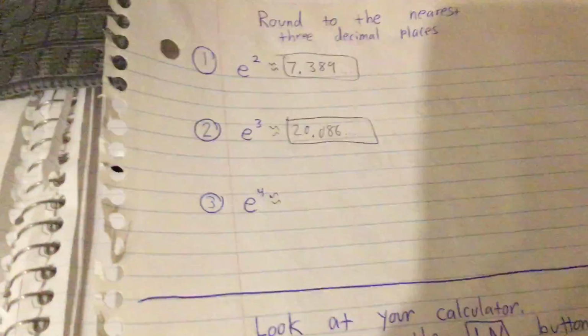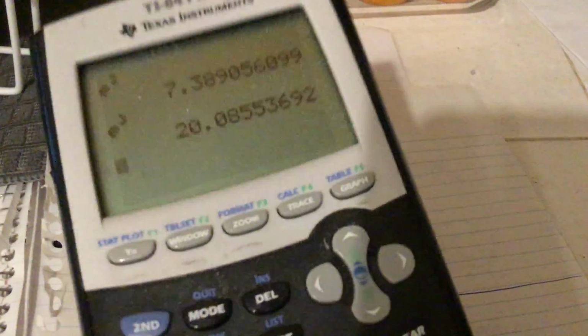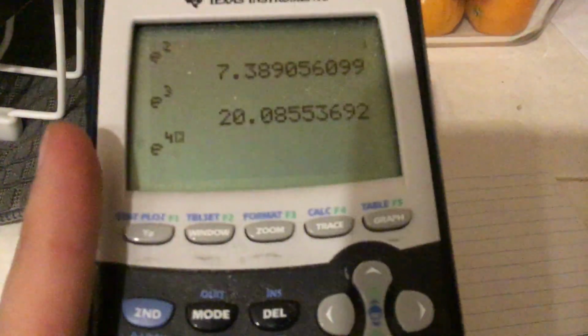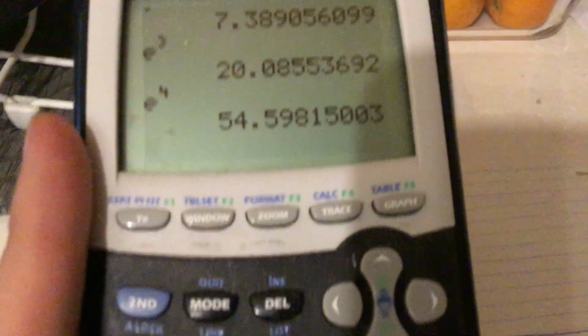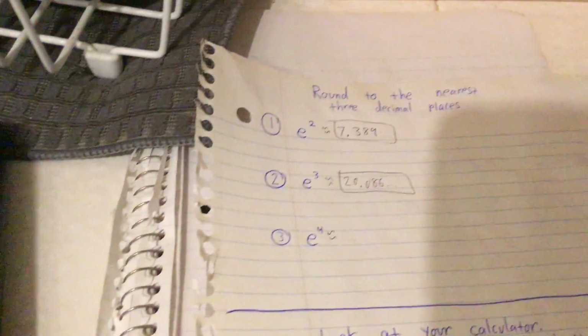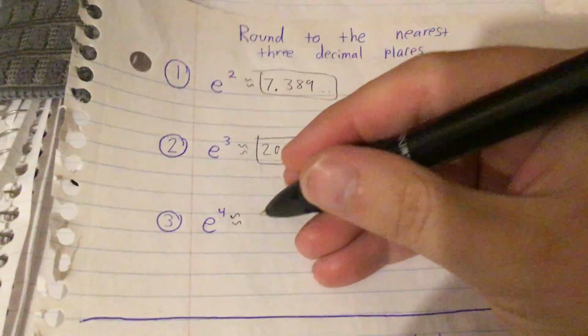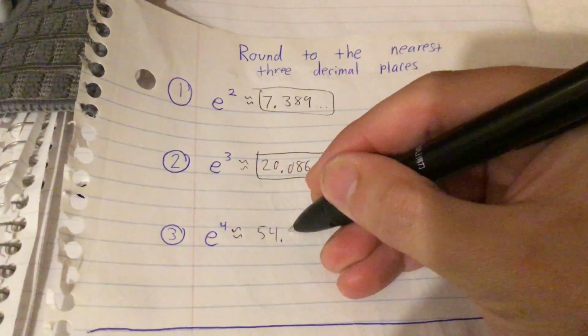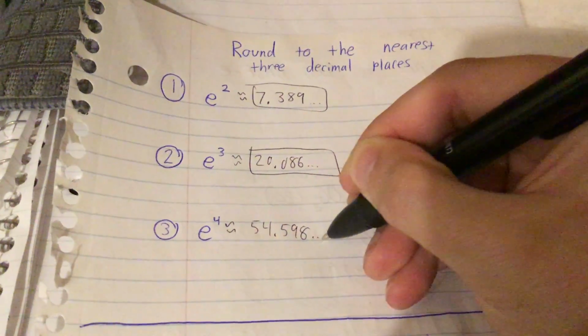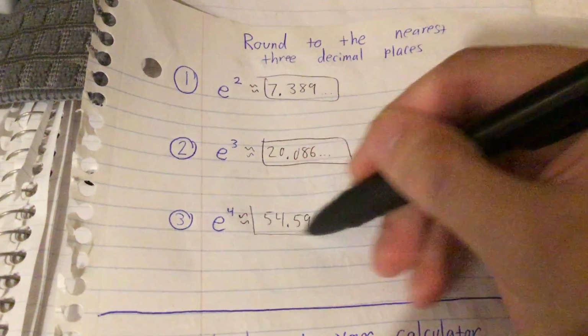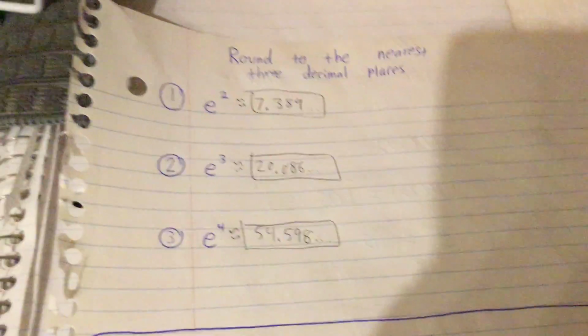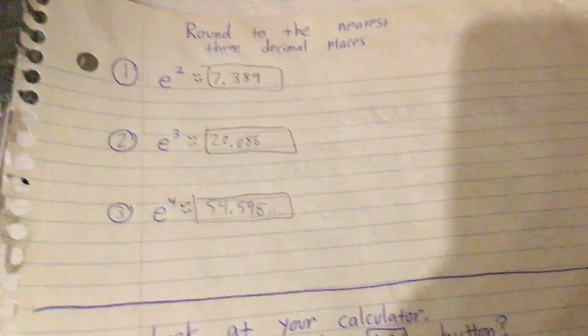Let's say I multiply e times e times e times e. So e to the fourth power is going to be 54.598. Okay, so that was just practice to see if you can access the e button on your calculator.